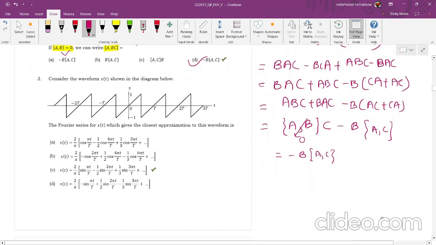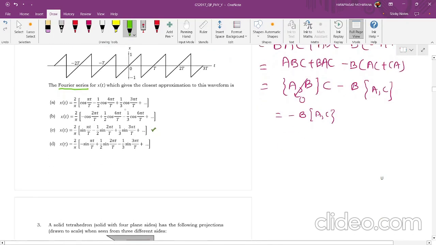The next one is a question about the waveform from the Fourier series transform. You all have to know what the Fourier series does and how it is defined. Let me briefly tell you about the Fourier series and the elements you need to know. In the Fourier series expansion, you have to remember one thing, that is odd functions and even functions.